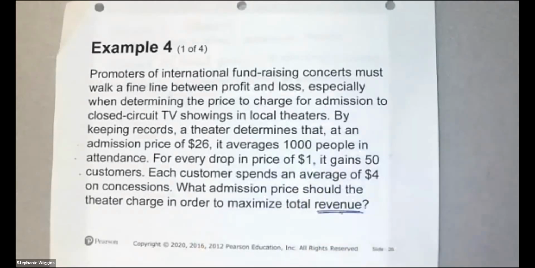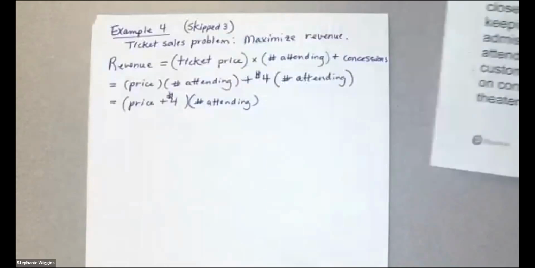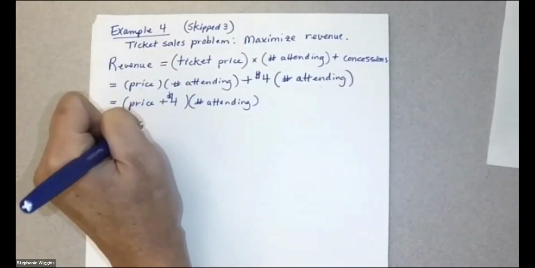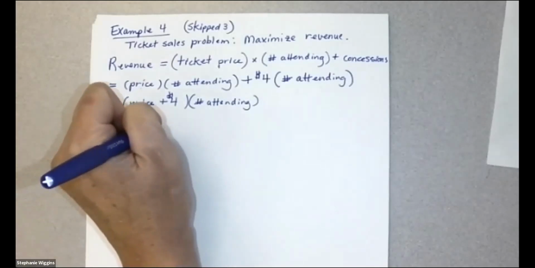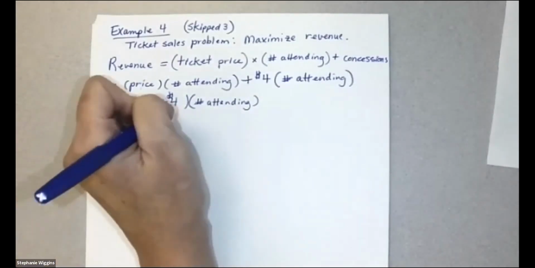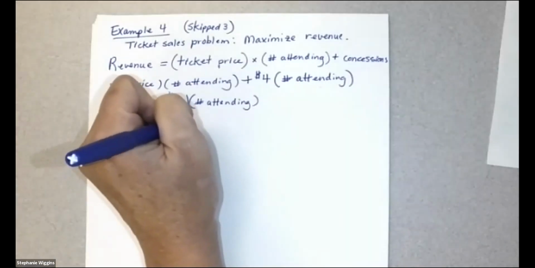And that's going to affect how many people attend. As we increase the number of dollars that we take off the price, the people attending are going to increase by 50 each time. So the way we write that is we're going to have the price. It's going to be $26 to start with, but we're going to take off some variable amount. And then, of course, we're adding $4 for the concessions.